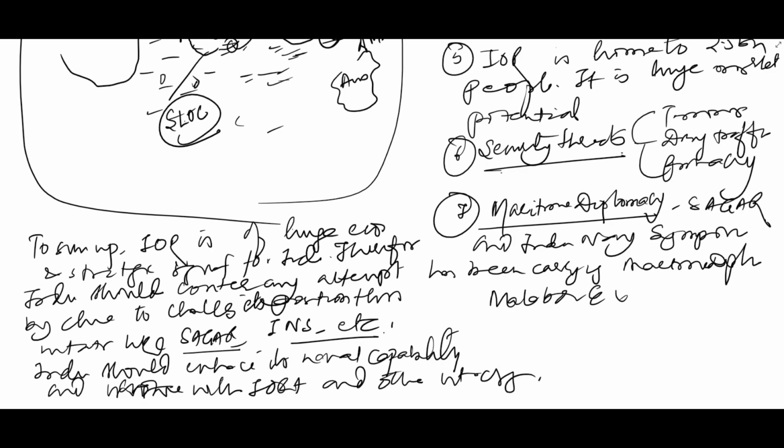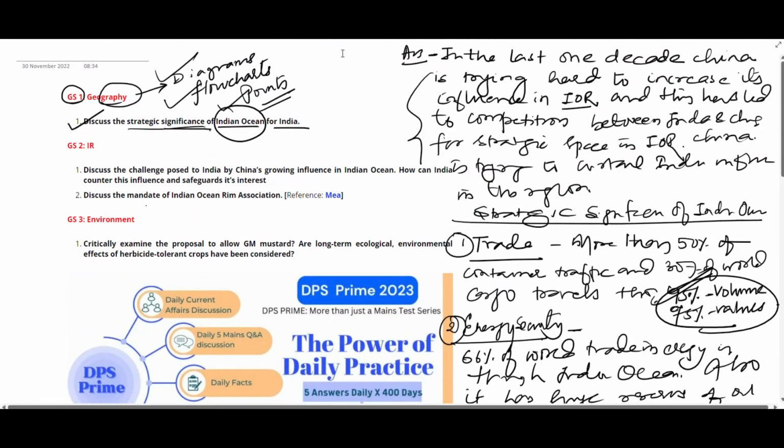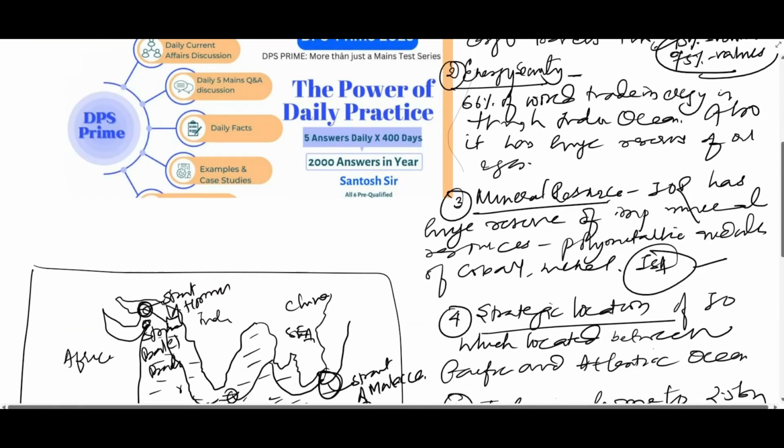So you see here, for a 10 marker question, we gave a good introduction, and then we gave one point trade, then energy security, second point, third point. Here we can say that 85% of India's energy import comes from this region only.